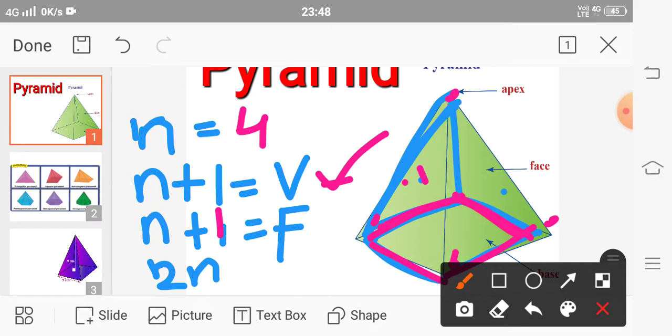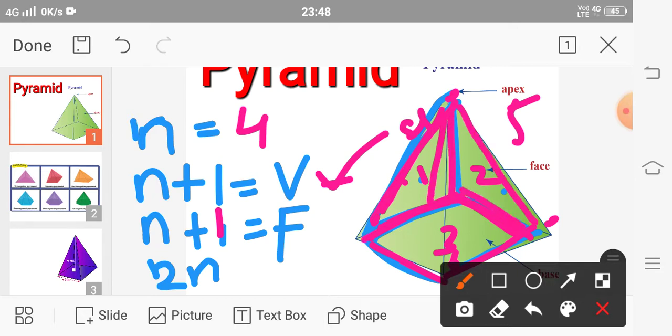Faces 1, 2, 3, 4, 5. 5 faces. 2n, number of edges we observe, 2n means 8. 1, 2, here also 3, 4, 5, 6, 7, 8. 8 edges.